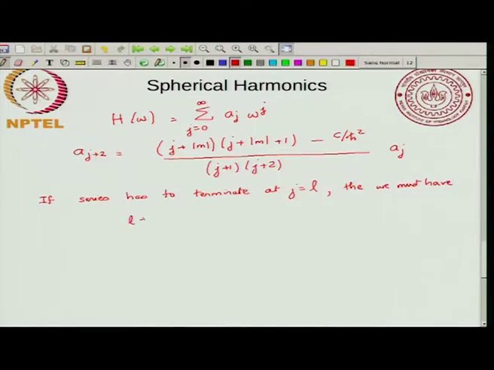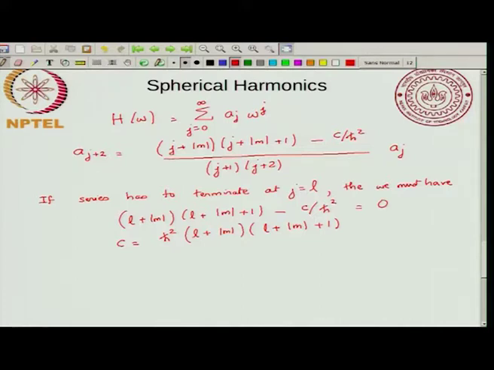So you should have L plus mod m times L plus mod m plus 1 minus c by h bar square equal to 0. Or you will get the relation c is equal to h bar square times L plus mod m times L plus mod m plus 1.